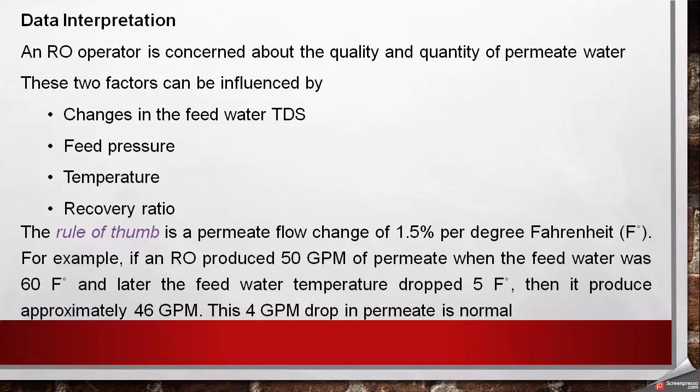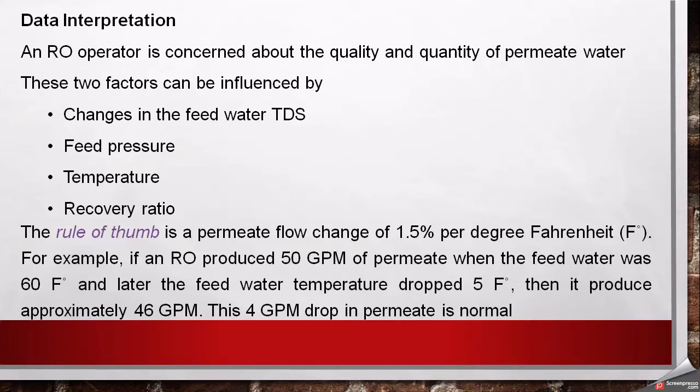Normally there is a rule of thumb for permeate flow change: the permeate flow changes 1.5% per degree Fahrenheit change in temperature.